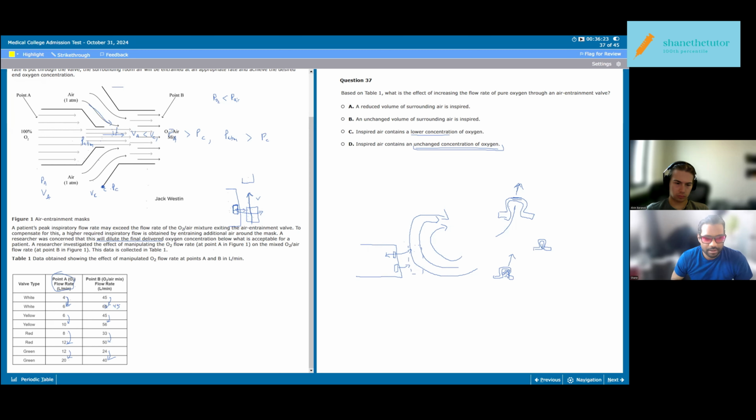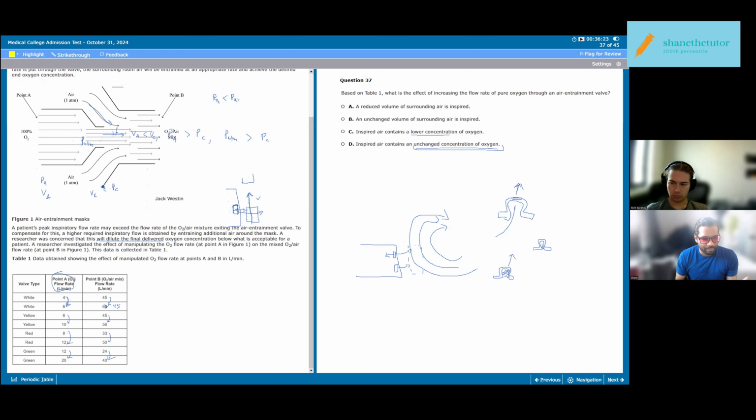That means that we are getting the same flow rate of O2 and air, and that would mean that you're going to get less O2. That would be the situation where you would have a lower concentration of oxygen.